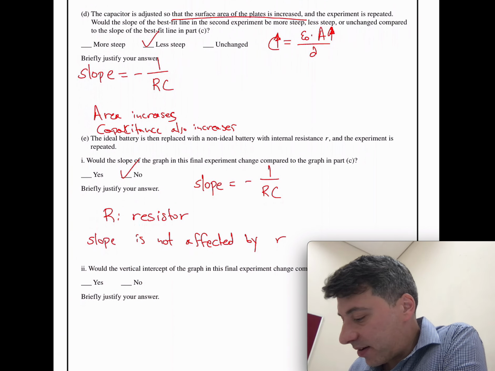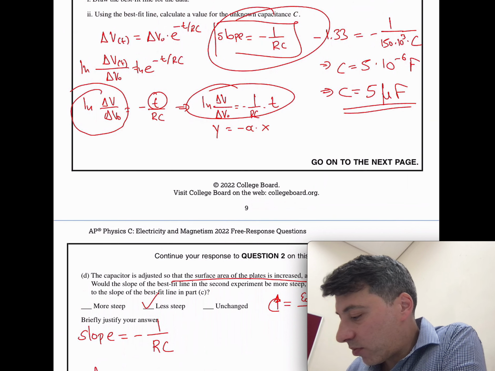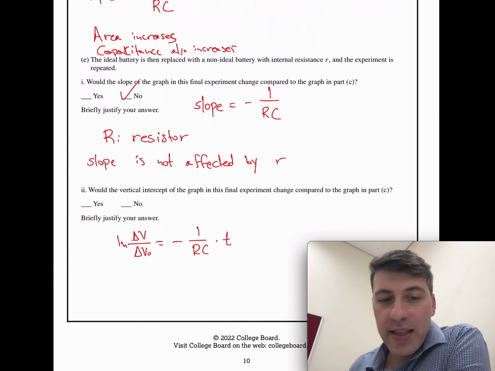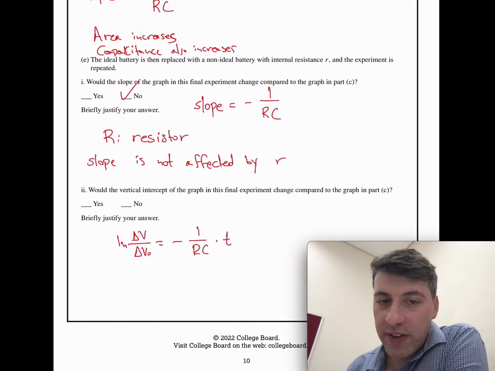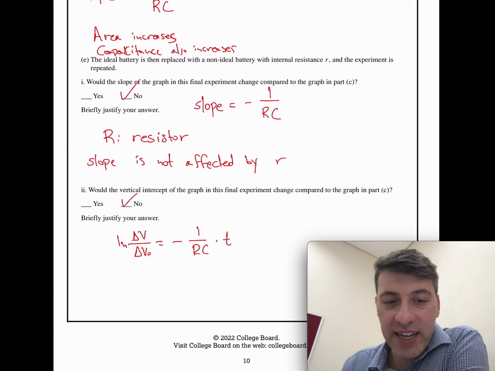So the ln of delta V over delta V0 is equal to minus 1 over RC times the t, if I'm not mistaken. So again, this R is the value of the resistor, and it is not affected at all by the internal resistance, so nothing will change in that graph.